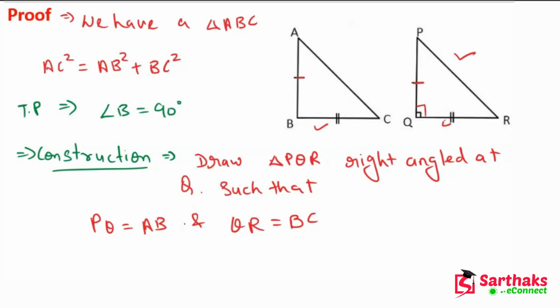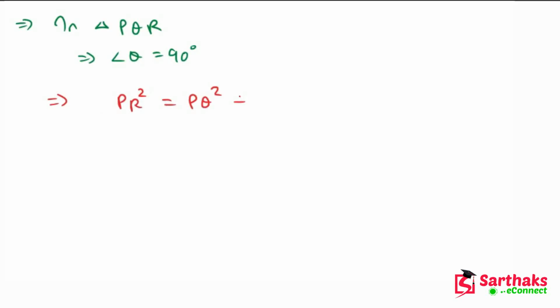Now in triangle PQR, we know that this is a right angle triangle, so we can say that angle Q is equal to 90 degrees. With the help of this we can write PR square is equal to PQ square plus QR square by Pythagoras theorem.